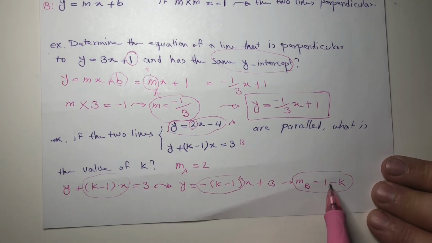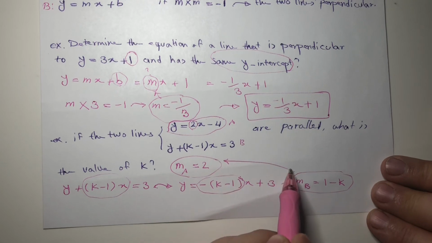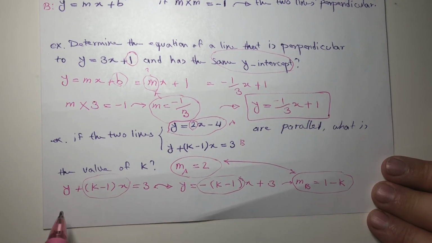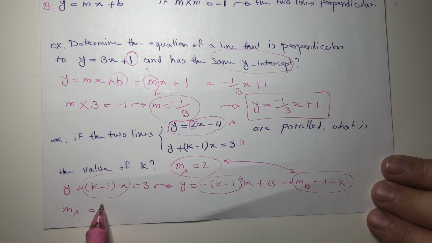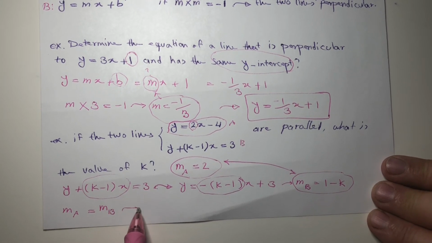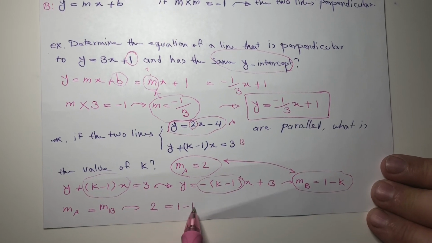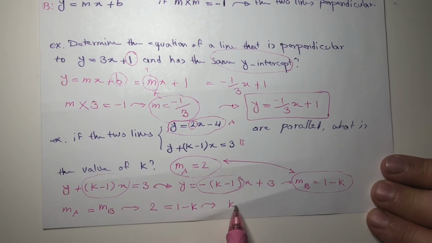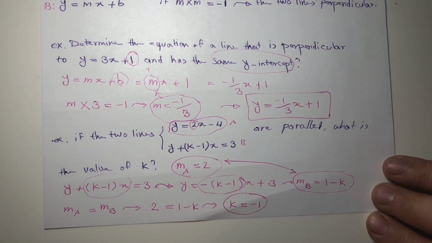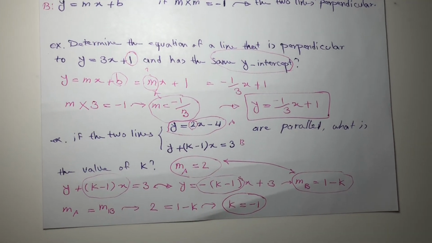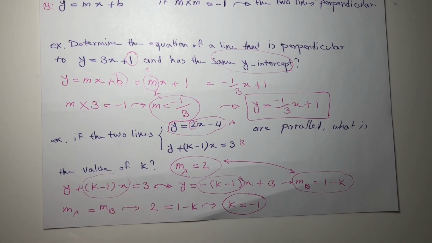So in order for these two lines to be parallel, mA needs to be equal to mB, right? mA, or the slope of line A, equal to mB. In other words, 2 equals 1 minus k, and from here, k is equal to minus 1. So if you choose k equal to minus 1, then these two lines would be parallel to each other.